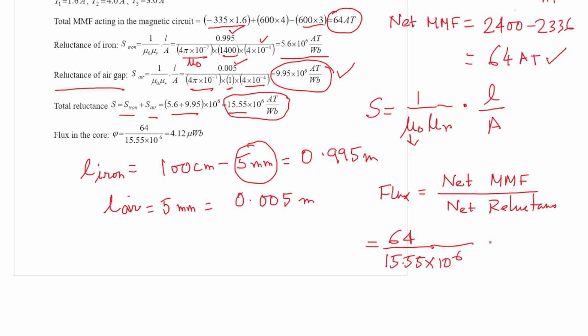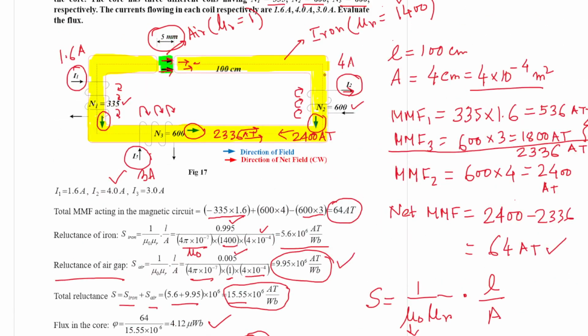So if you calculate, this will be coming out to be 4.12 micro Weber. The direction of the flux is in this direction. Flux should be flowing through this.